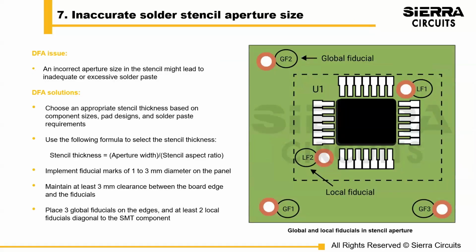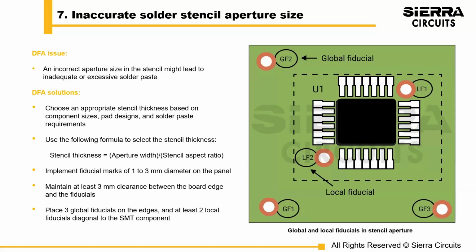An incorrect aperture size in the stencil might also lead to inadequate or excessive solder paste. So you need to always choose an appropriate stencil thickness based on component sizes, pad designs, and solder paste requirements. Divide the aperture width by stencil aspect ratio to calculate the stencil thickness and implement fiducial marks of 1 to 3 mm diameter on the panel.